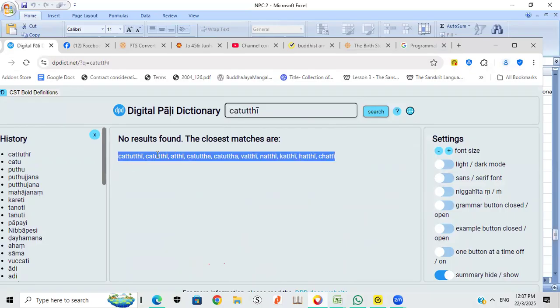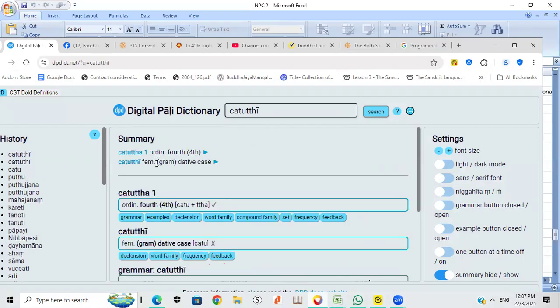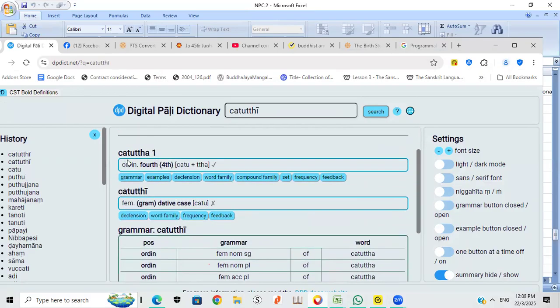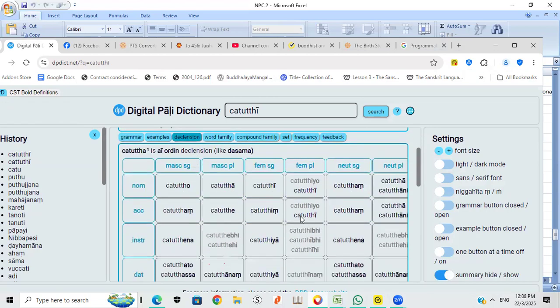Two Ts. Yes, this is for that. The TTHA is added. I think this is a secondary derivative. That again, plus the long E inside, is another derivative. You do integration. This is Chatuti, feminine.